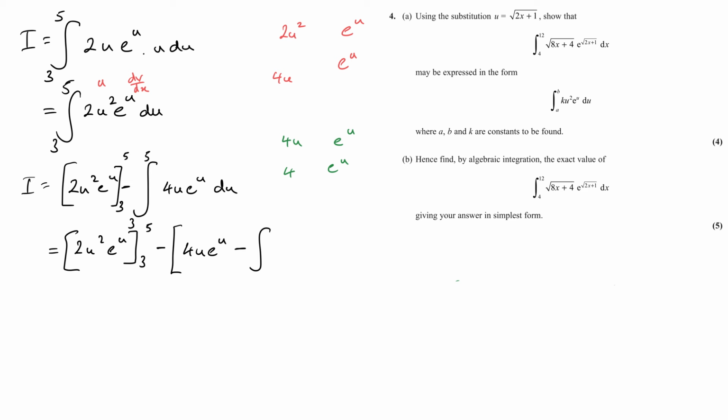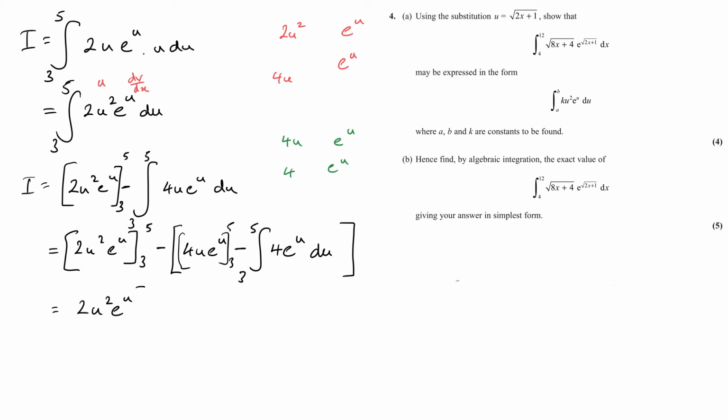minus, this is now between 5 and 3 still, and it is v du by dx, so 4e to the u du. Oh, right pain that, yeah? Obviously when you think about it, this is still 5 and 3 there. So just get rid of my brackets, not all of them, just simplify this a little bit.